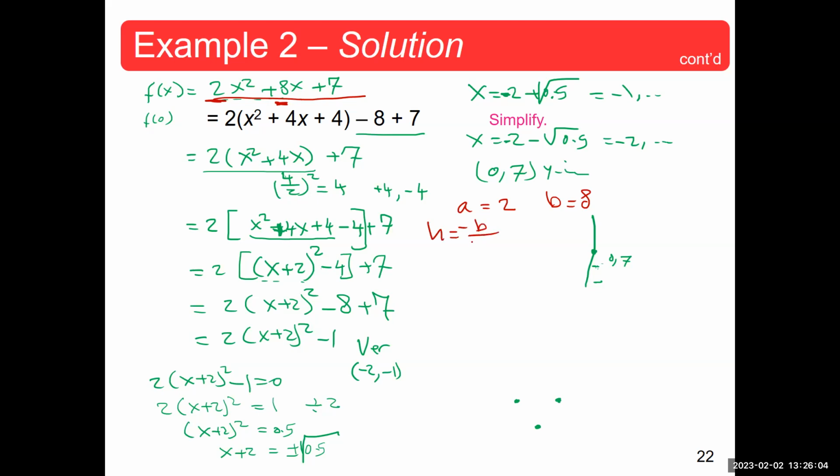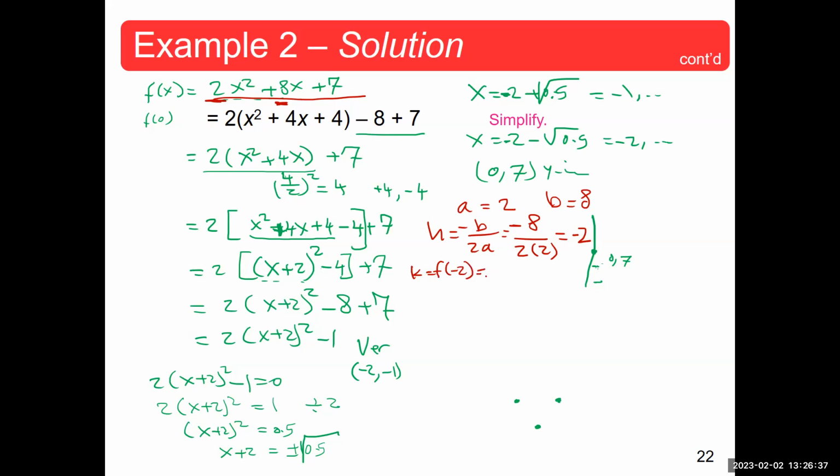Always write the formula, negative b over 2a. Negative, how much is b? It is 8. 2 multiplied by 2 because a is 2. That will be equal to negative 8 over 4. That's equal to negative 2. How much is k? It is f(negative 2).